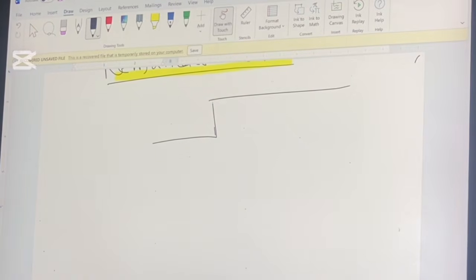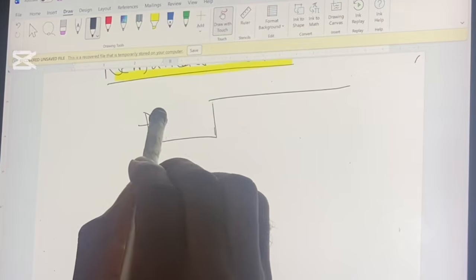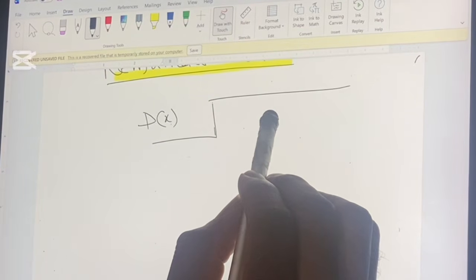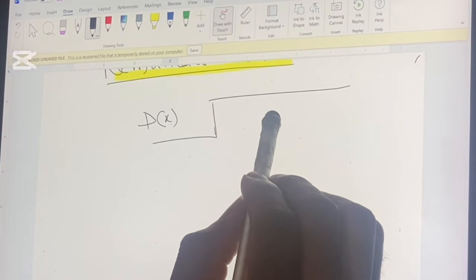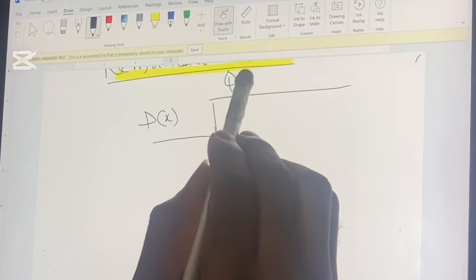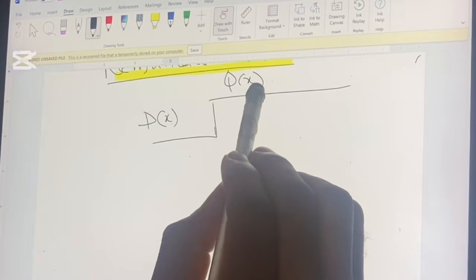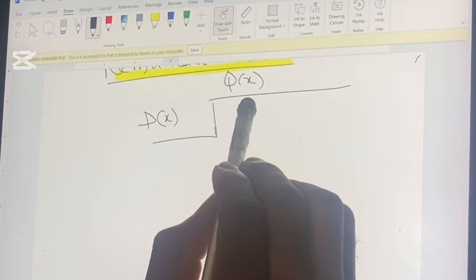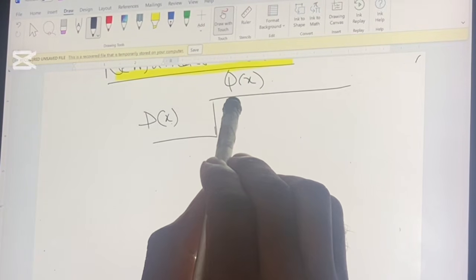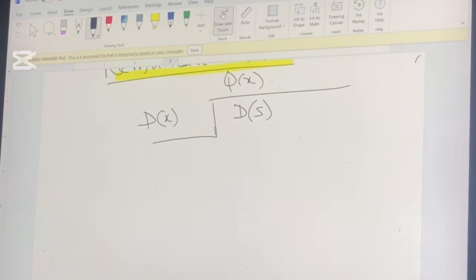this is a long division sign, this part here, d of s, will represent the divisor part. Please take note. This part here, q of s, represents the quotient part. This part here, d of s, represents the dividend part.